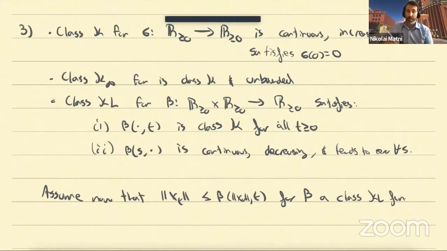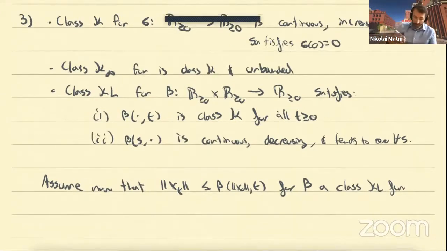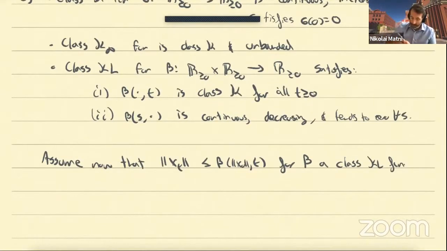Right, so this says that beta gets bigger as my initial condition gets bigger, but it tends to 0 as t goes off to infinity. But it doesn't necessarily have to do this at an exponential rate.